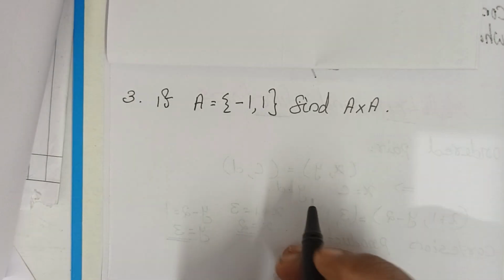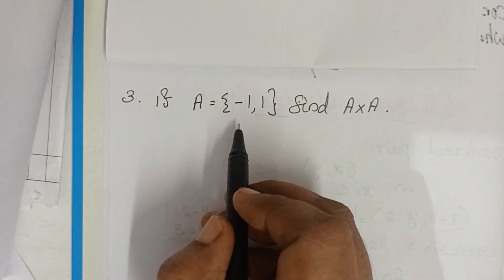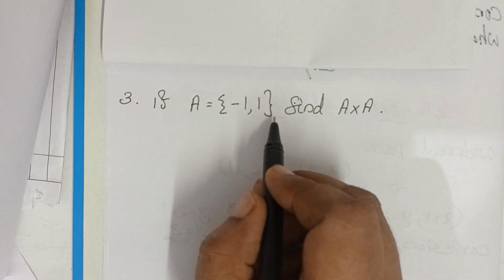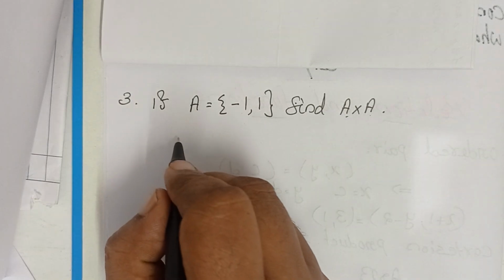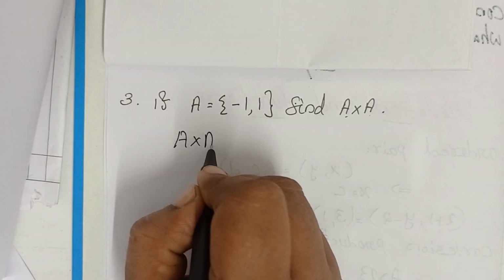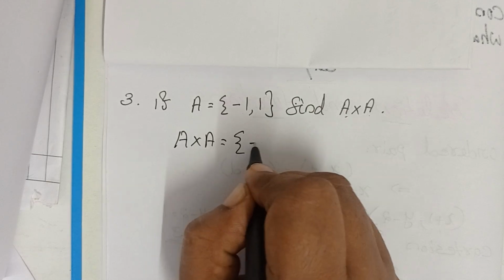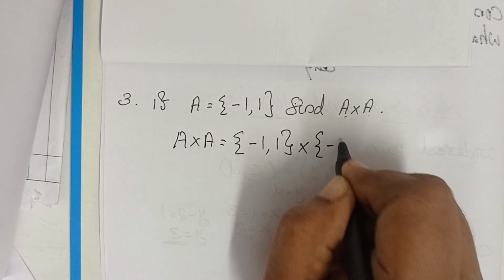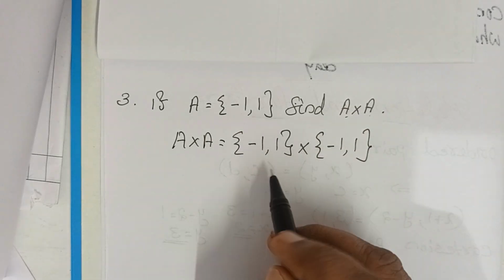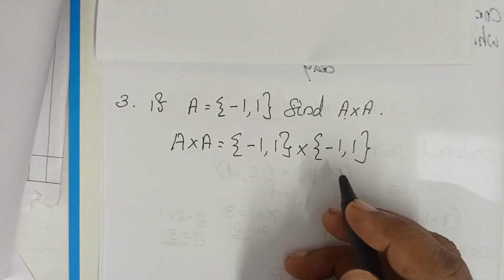Listen, the third question. If A is equal to the set minus 1, 1, find A cross A. A cross A means you know that the set minus 1, 1 cross the set minus 1, 1. Isn't it? Both the sets are the same.